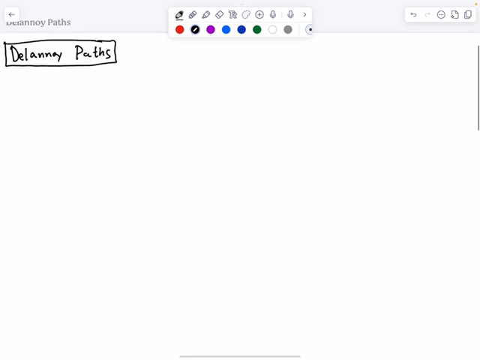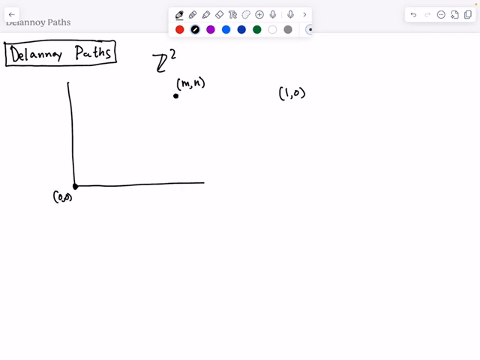Okay, hello everybody. Today we're going to be talking about Delannoy paths. I'm sure many of you are already familiar with something called a lattice path. It's a very common math competition problem where you need to count the number of paths in the grid of Z^2 from (0, 0) to (m, n) using only steps (1, 0) or (0, 1).